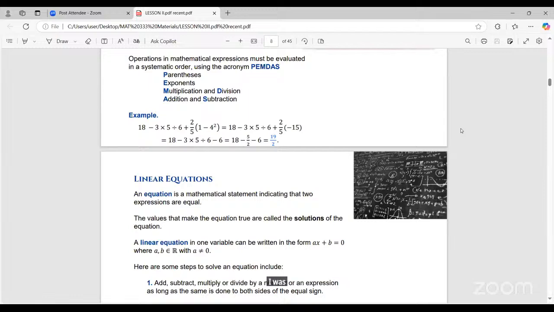So we have minus 6 here, plus 6 divided by 3 times 5 is 15. 18 minus 15 will give us what? 3.